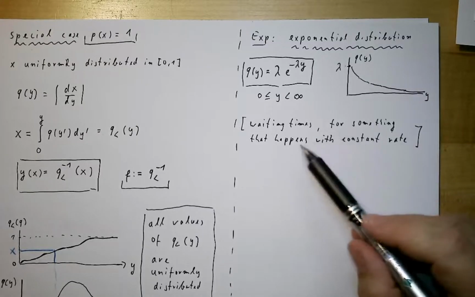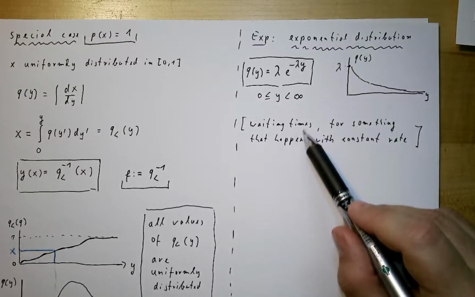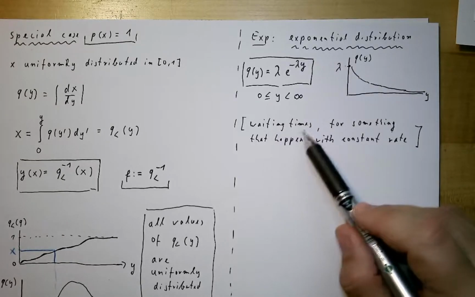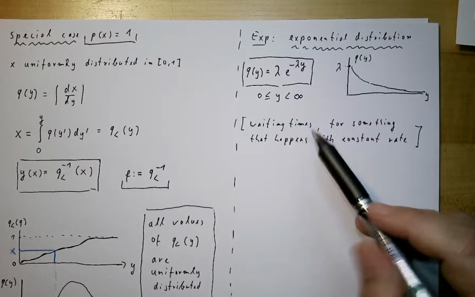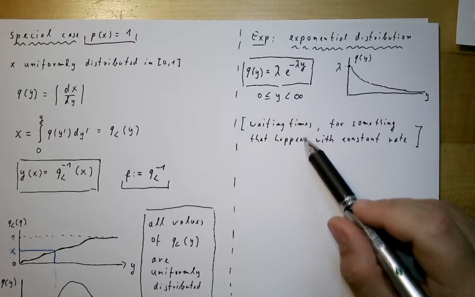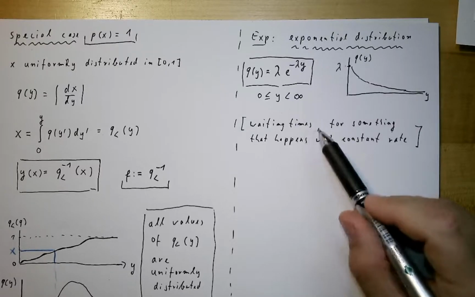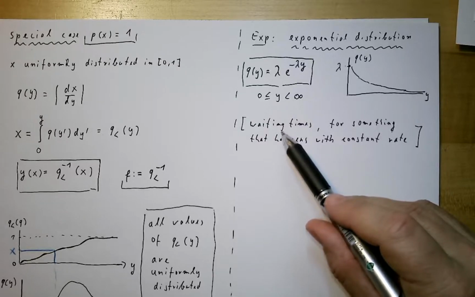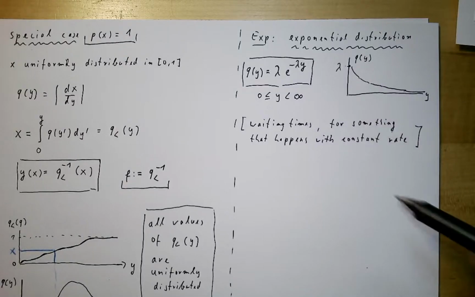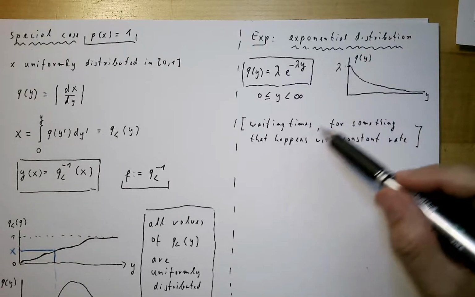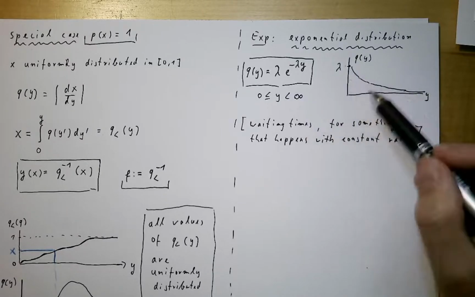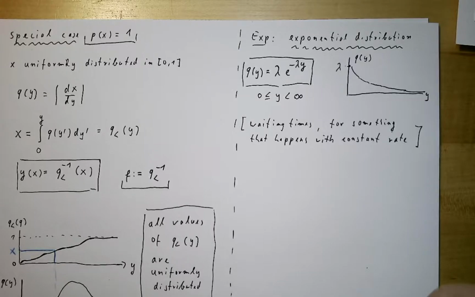And if you replace time by space, then it's the typical space between certain points. For example, if you have a gas of molecules with a certain constant density, and you want to know the typical distance to the next molecule, that's an exponential distribution. So you have to wait a certain time, or go a certain distance until something happens, and then the exponential distribution is quite useful.